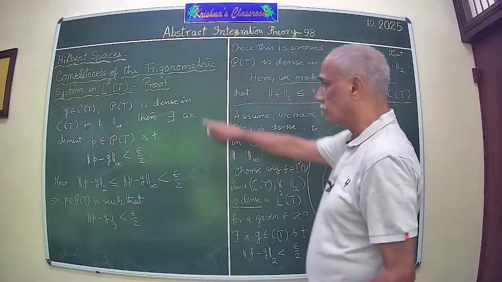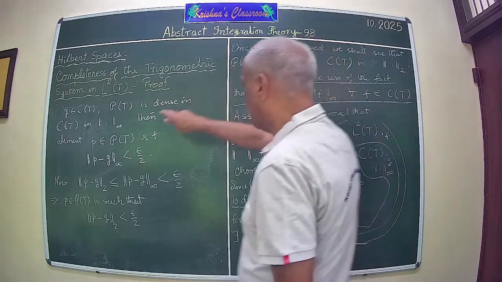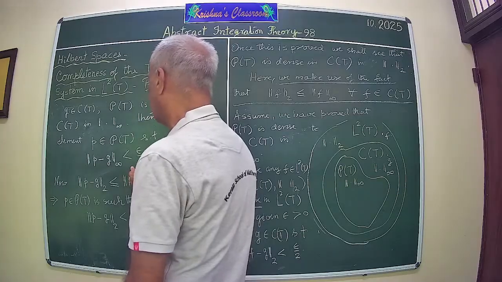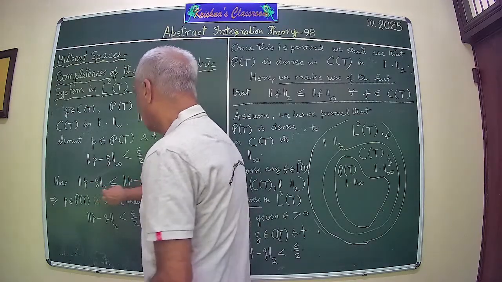So we use this result: P(T) is dense in C(T), and therefore this property is satisfied and we have this inequality.